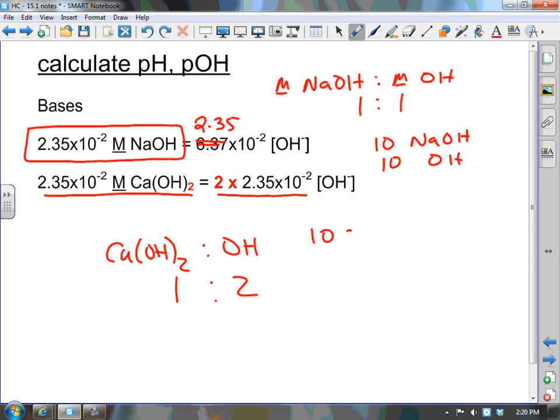So if I have 10 calcium hydroxides, I really have 20 OHs. We understand that concept, that counting of the 10s and 20s. Molarity is exactly the same way. So that's all you got to watch out for. If they don't just straight say concentration of hydroxide is this, and you go on your way, but they tell you the concentration of a chemical, the only thing that affects pH is that hydroxide. That's what we care about. So you've got to pay attention to that subscript.